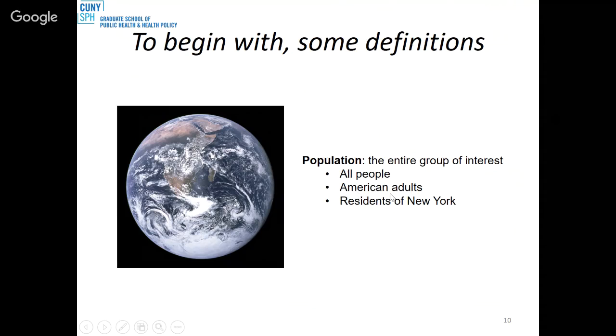But it could also mean American adults. It could also mean just residents of New York. It could also mean just adults or children or incarcerated adults. It could mean any number of things, but it is a group of people who are of interest to the study at hand.